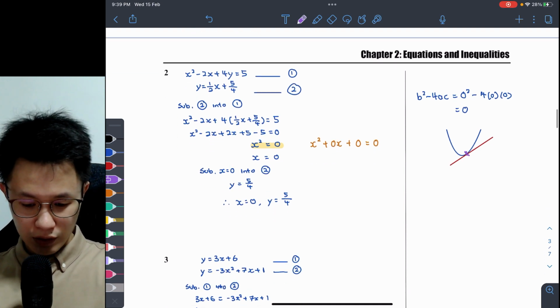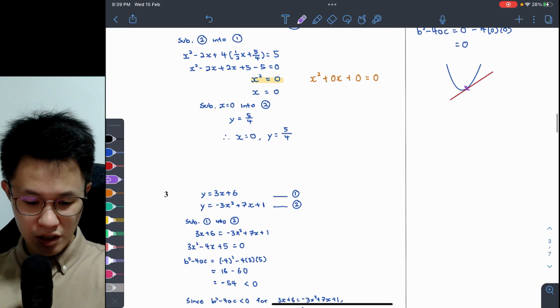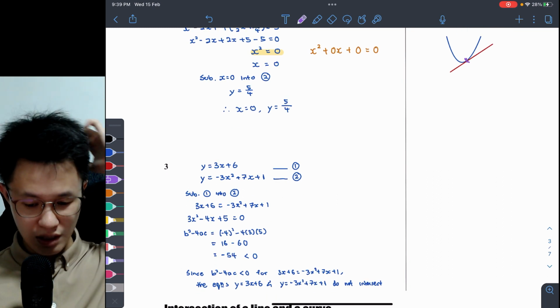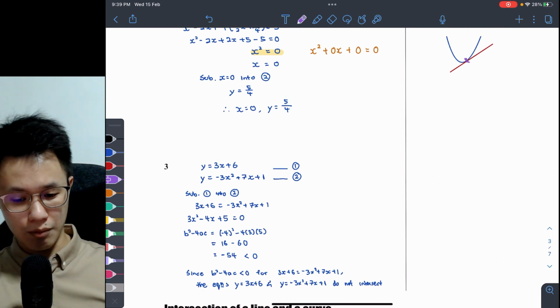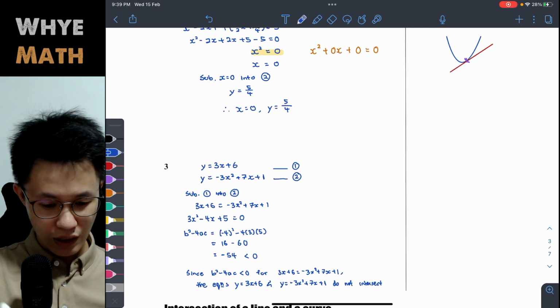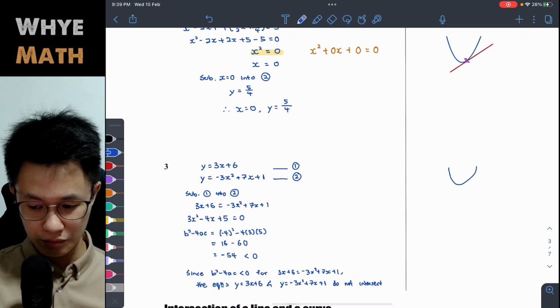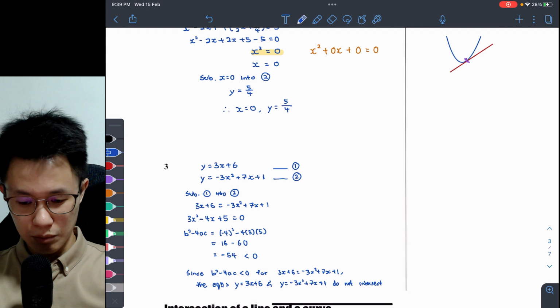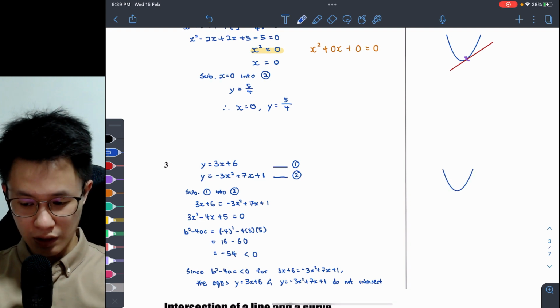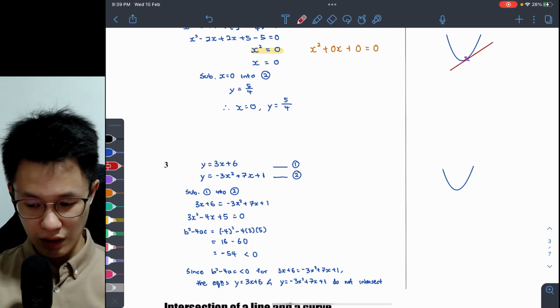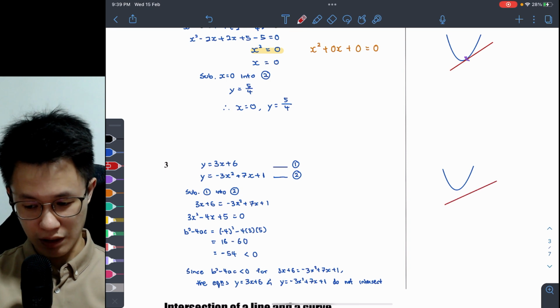Now, for the last question, because b squared minus 4ac is less than 0, the deduction we can make is that the quadratic curve and the line do not meet at all. So it can be something like that.